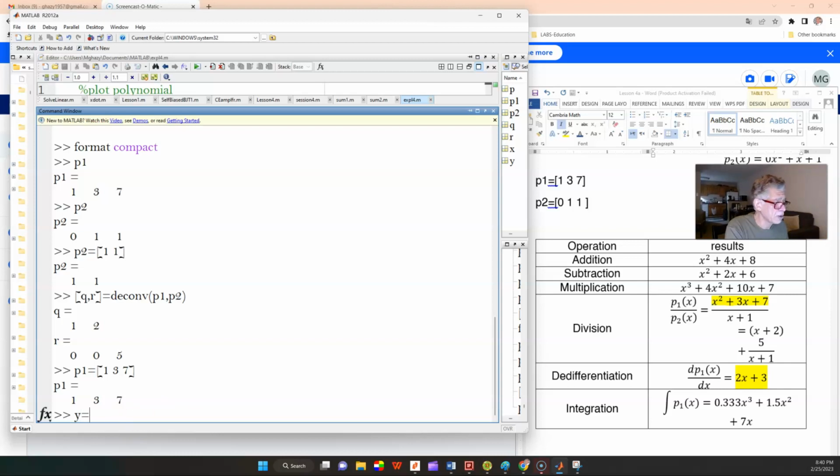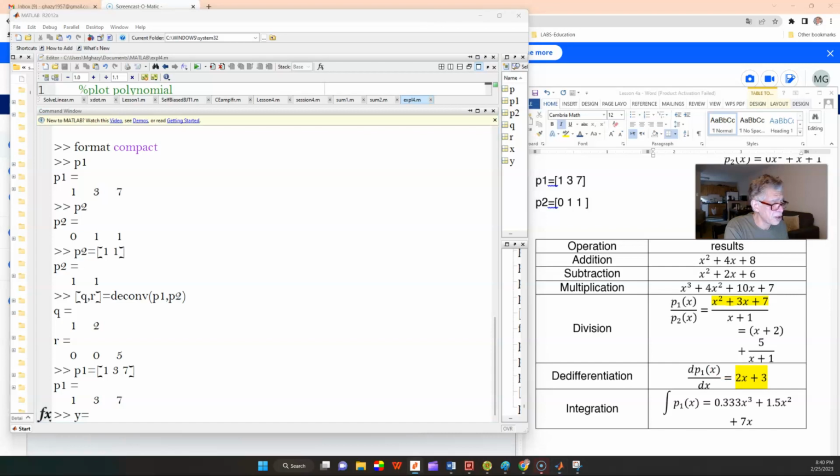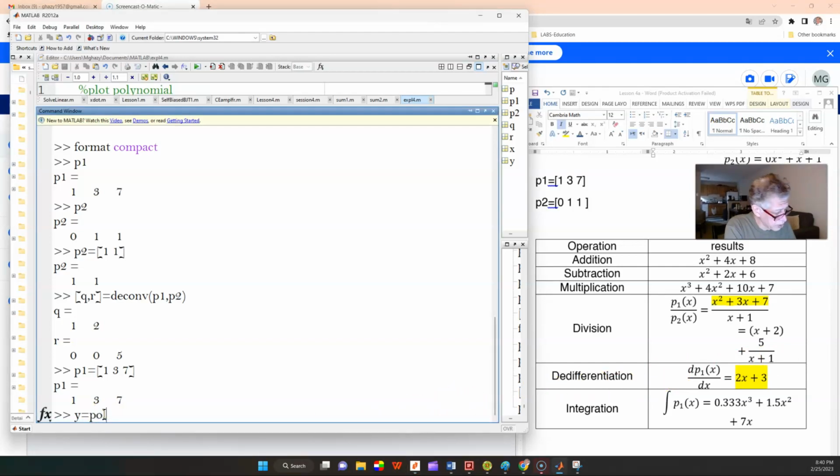And what is the function name for differentiation of a polynomial in MATLAB? What do you use? polyder, derivative. They are using really a simple thing. It's always poly, like polyval, polyder, derivative. Then you put here the name of the polynomial that you want to differentiate, which in this case is P1.